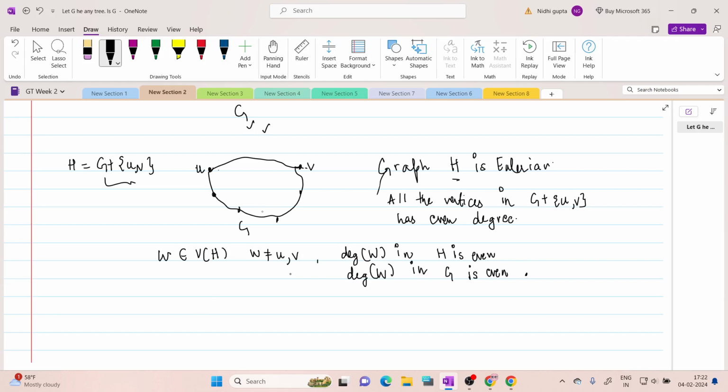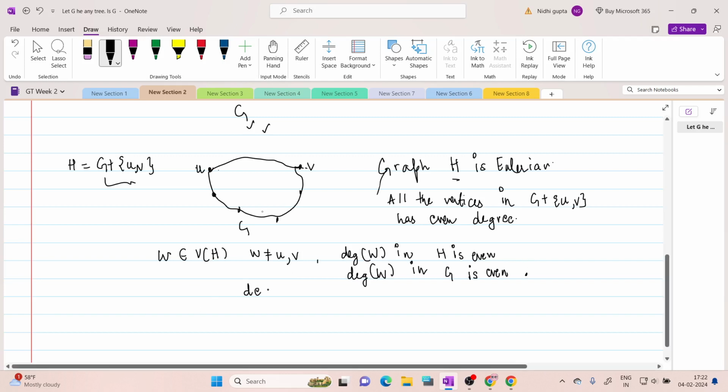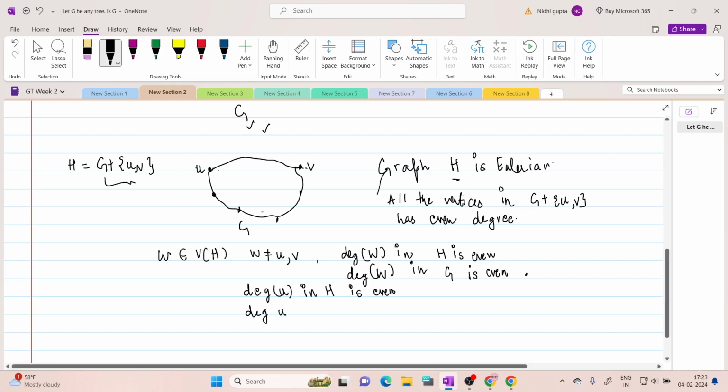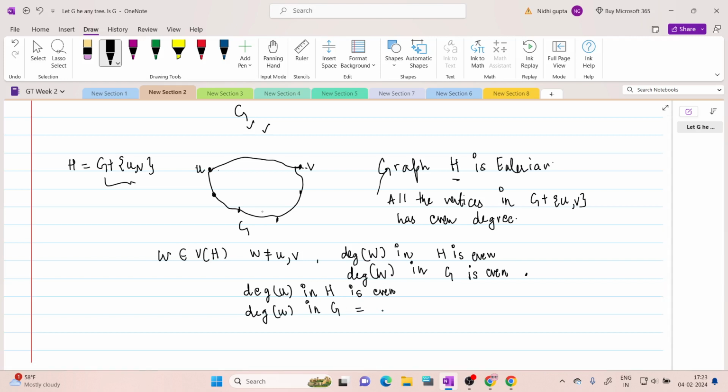But what is the degree of U in H? It is two. It is even. And what can we say about the degree of U in G? It is odd, because it is the degree of U in H minus 1, and therefore odd.